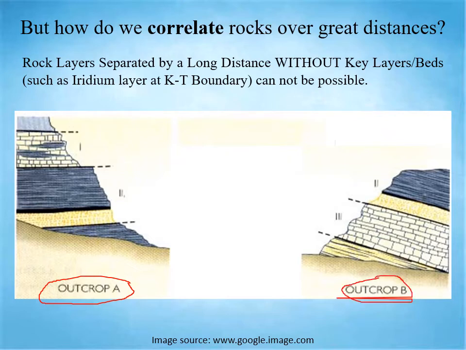And what we look for in terms of lithological correlation, when they are separated by a large distance, is any kind of marker bed or key bed. But if the rock layers are separated by long distance and there is no key layer or marker bed, then how do we correlate rocks which are exposed over great distances?